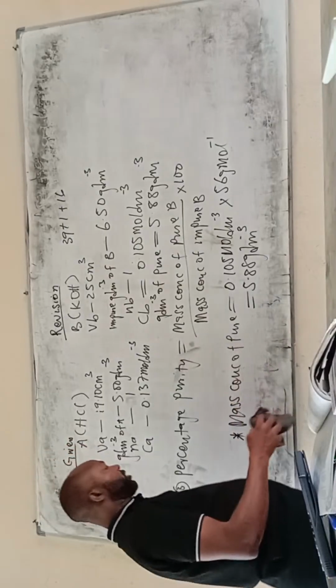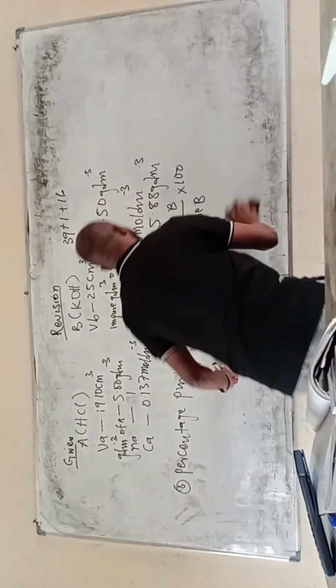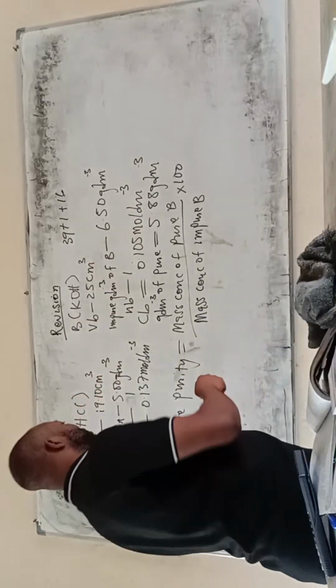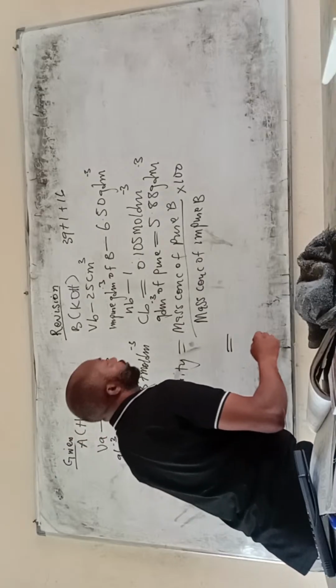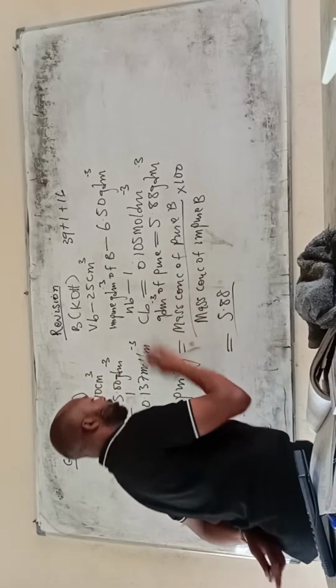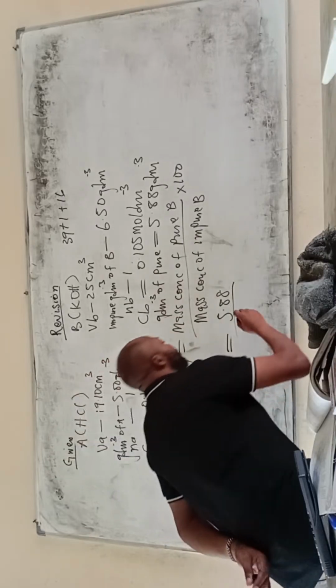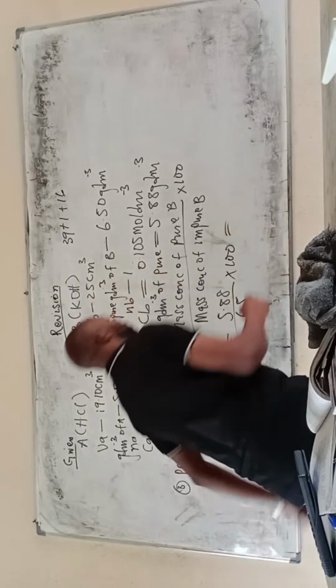So let me take this out now. Therefore, if that is true, mass concentration of pure is 5.88 over that of impure, which is 6.5, times 100, and this is equal to what?